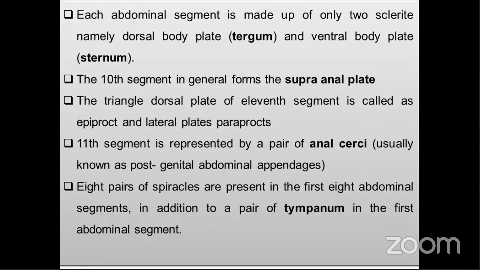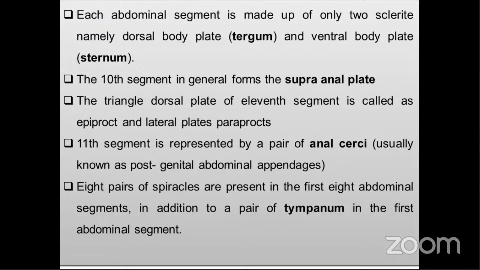Next, the 11th abdominal segment is a triangular dorsal plate, which we call the epiproct. Only one epiproct, the triangular dorsal part. The lateral two plates we call paraprocts.